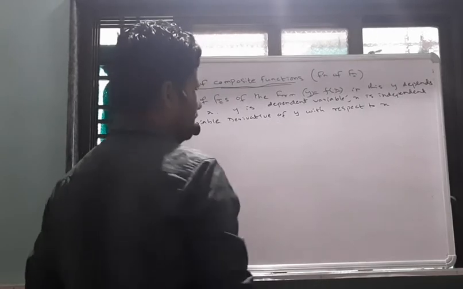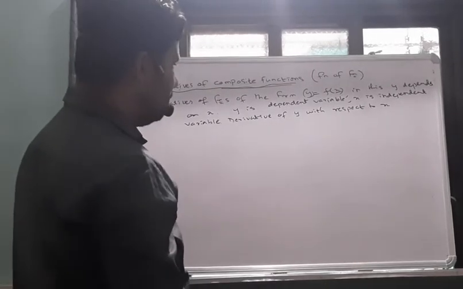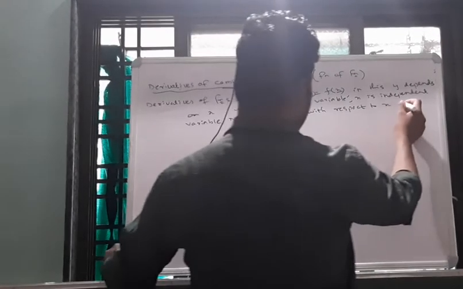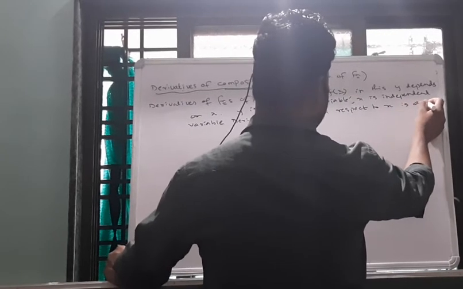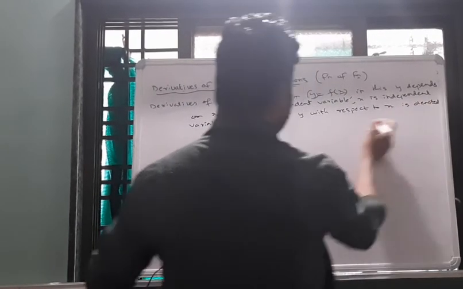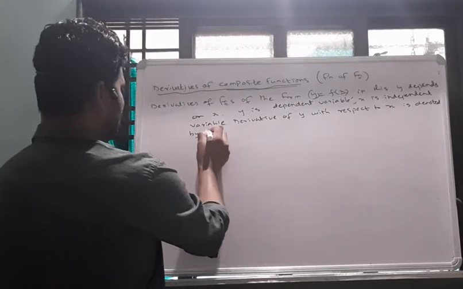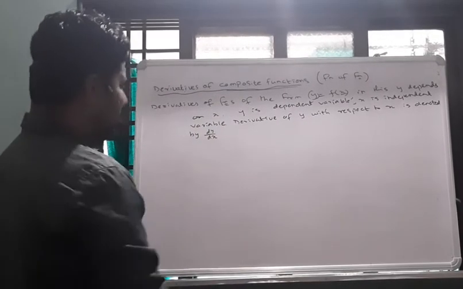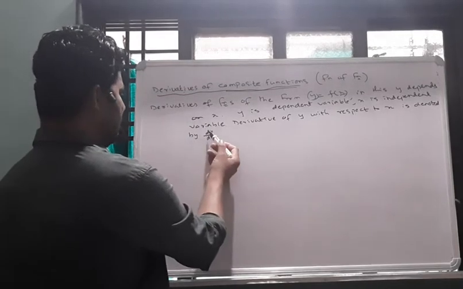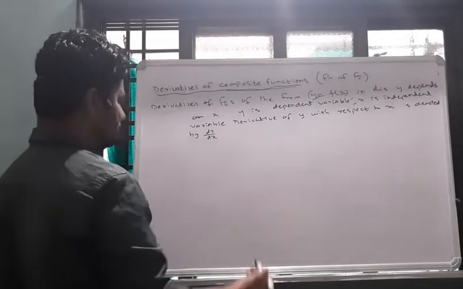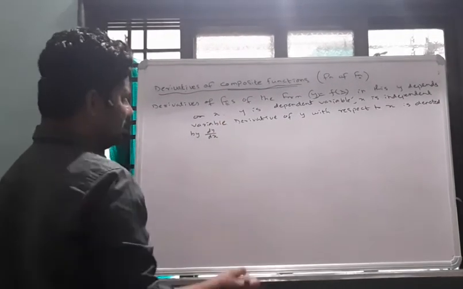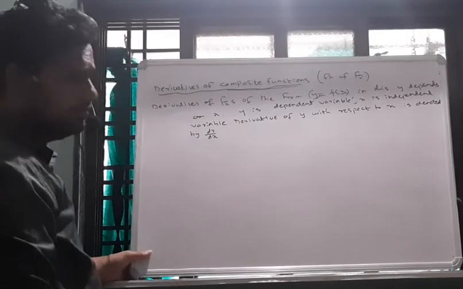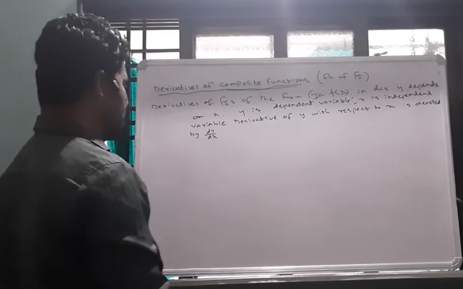So that is called the derivative. Derivative of y with respect to x is denoted by dy by dx. It is read as derivative of y with respect to x. It means the small change in y with respect to x.